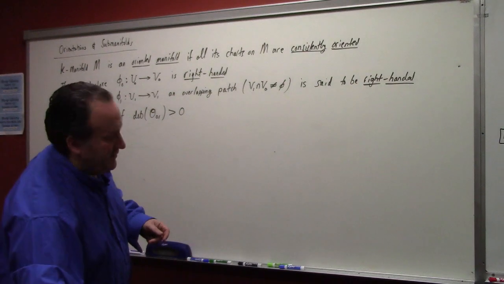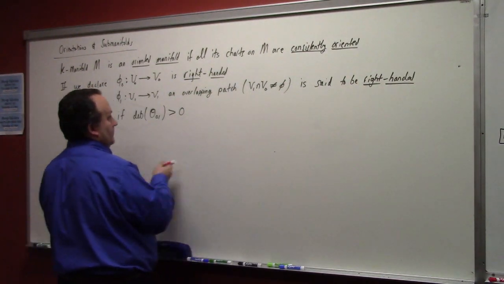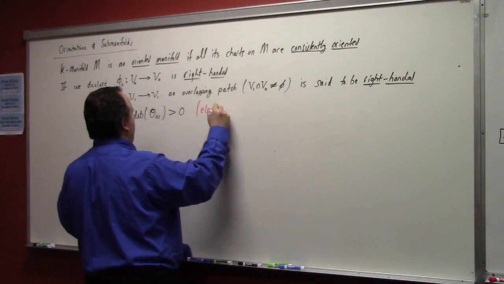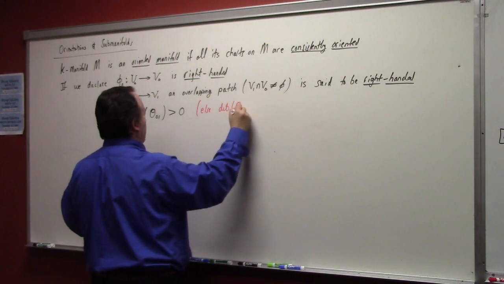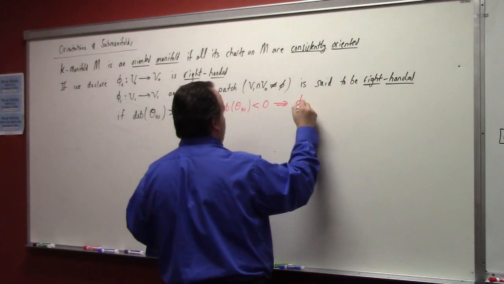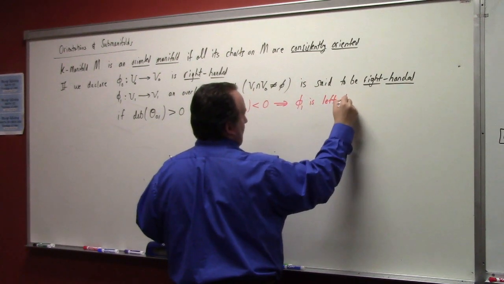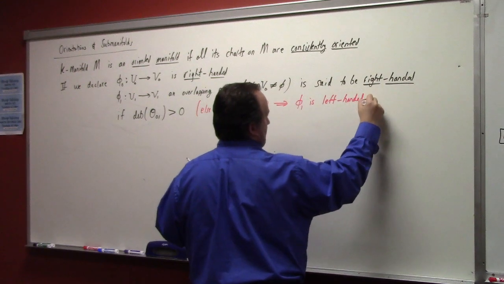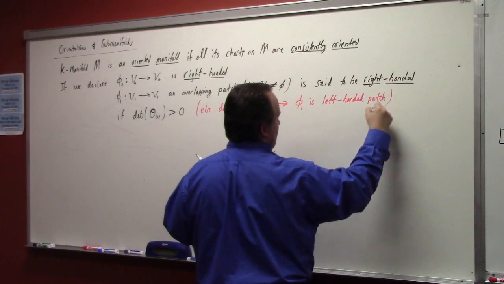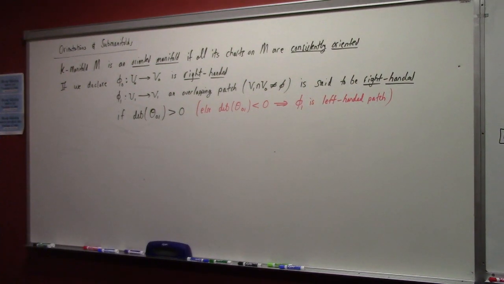Now, if the determinant of the transition function is negative, that would imply that phi1 is left-handed. Left-handed patch, or if you want to talk about the inverse, we could say left-handed coordinate system, we could say left-handed chart. Okay, we allow ourselves the flexibility of talking about one or the other.